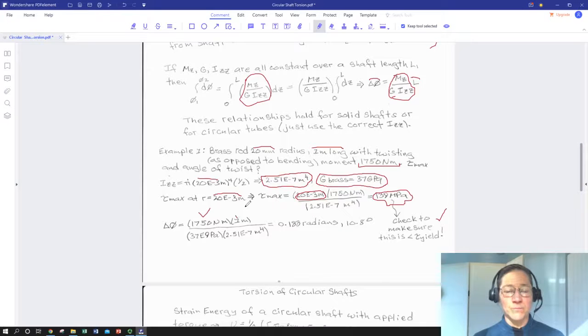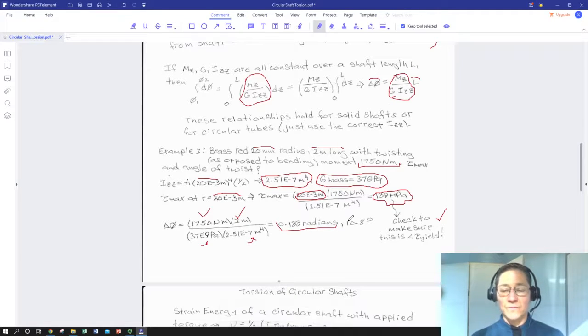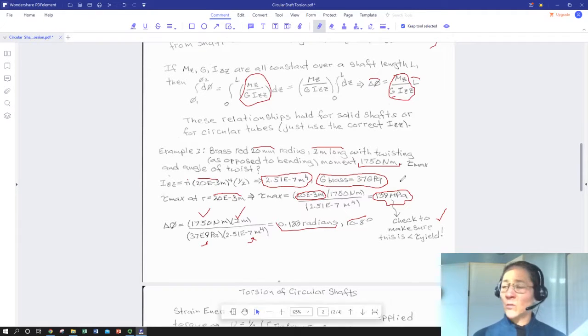There's our applied moment, whole length, shear modulus, moment of inertia for our given radius, and we get 0.188 radians, which ends up being about 10.8 degrees, which is kind of pushing the small angle approximation. So I would say this is a borderline situation.